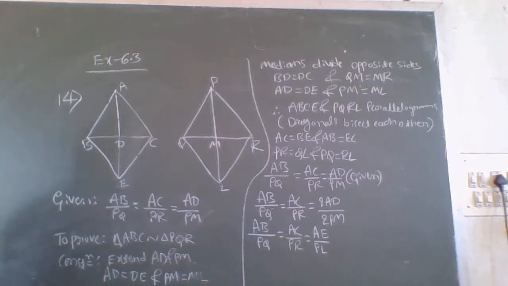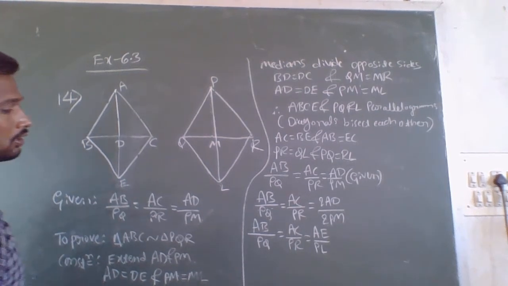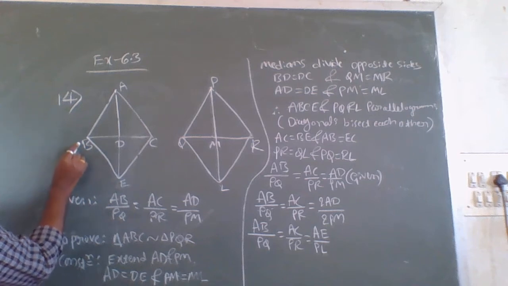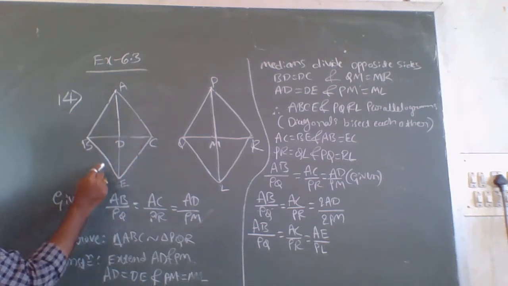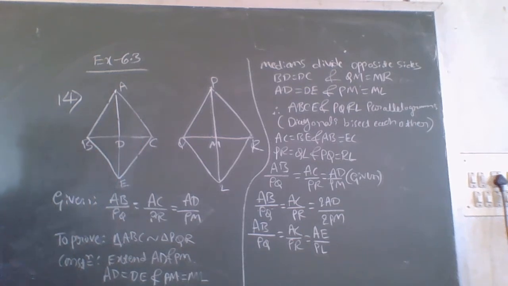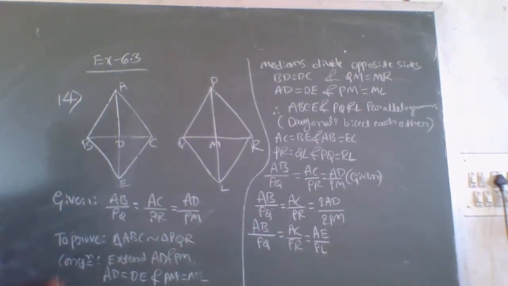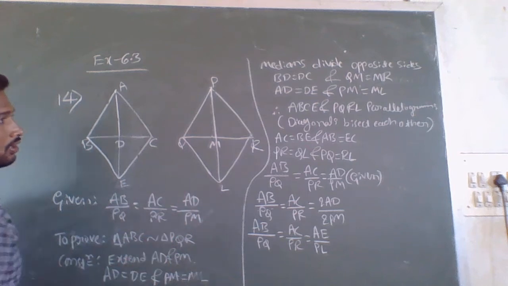So now I will consider the opposite sides of AC and PR. Here for AC, BE is the opposite side. We know that AC is equal to BE, because these two are opposite sides of a parallelogram. Therefore, in the place of AC we can write BE, and in the place of PR the opposite side is QL.